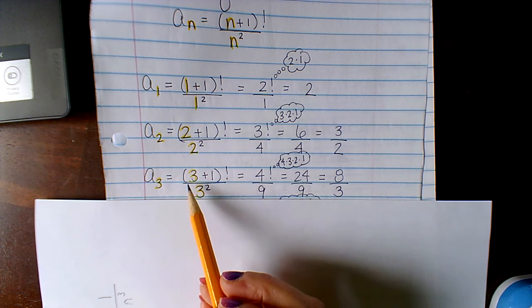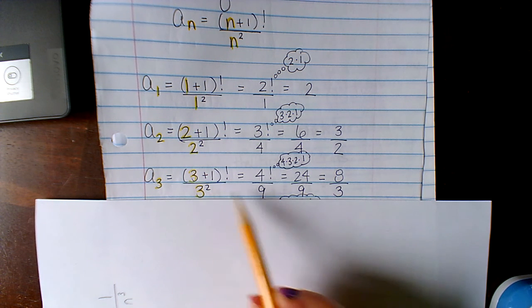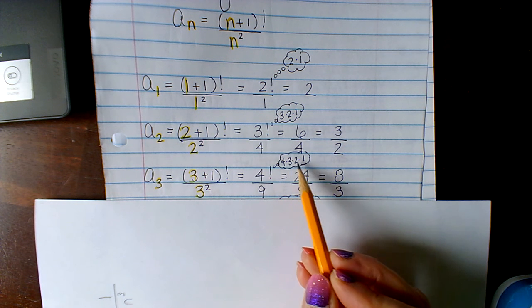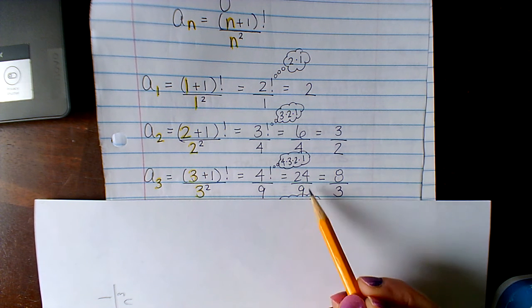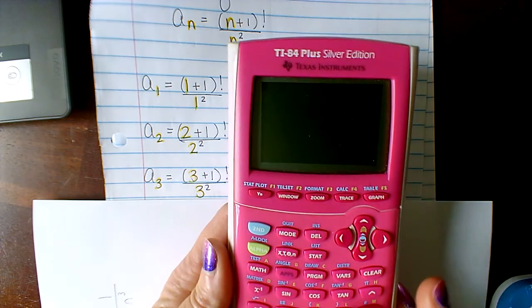Next up is 3. So I have 3 plus 1, which is 4 factorial, over 3 squared, which is 9. 4 factorial is 4 times 3 times 2 times 1, so that's 12 times 2, which is 24. So 24 ninths reduces to 8/3. Now, if you wanted to do this in the calculator, you certainly could.